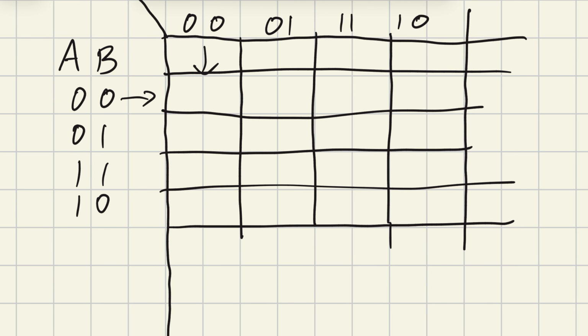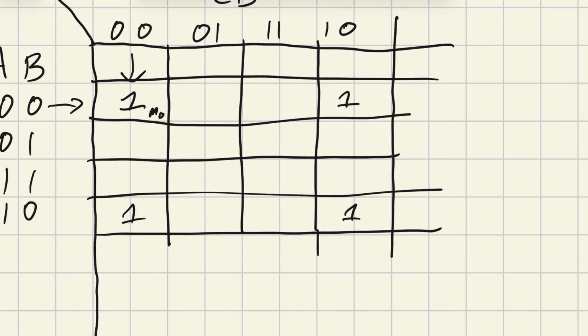Then you can go ahead and do 0, 0, 1, 0, which is over here. Then 1, 0, 0, 0, which is here. And 1, 0, 1, 0, which is here. So it would be minterm 2, minterm 8, and minterm 10.